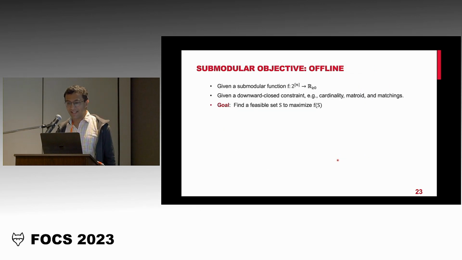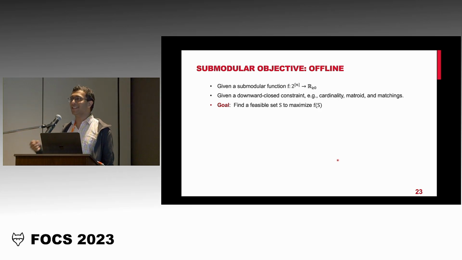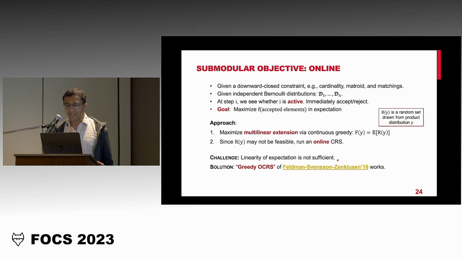As I was briefly telling, all these things also have lots of connections to submodular optimization. The reason, naively, you may wonder why it doesn't work is because your objective is no longer linear. So if I can guarantee that I get each element with at least half a chance, it may not necessarily work. Let me skip the offline part. But you can still argue, turns out there's something called a greedy OCRS.